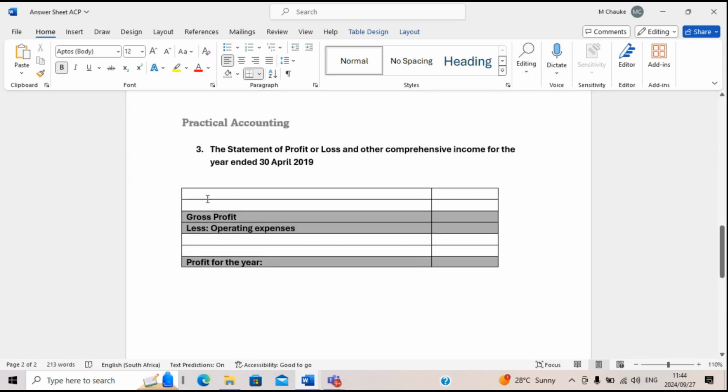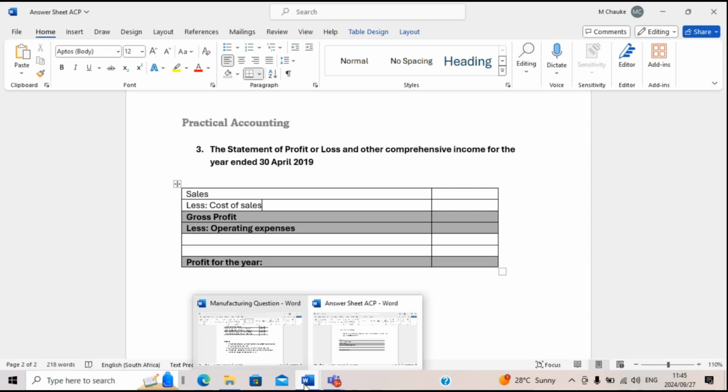Our format, we know, is sales, less cost of sales, and then you get gross profit. After getting gross profit, you less your operating expenses, then you get profit for the year, right?